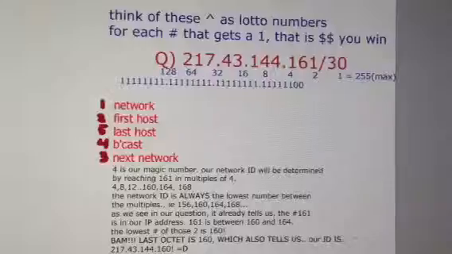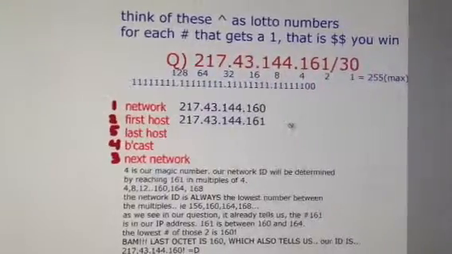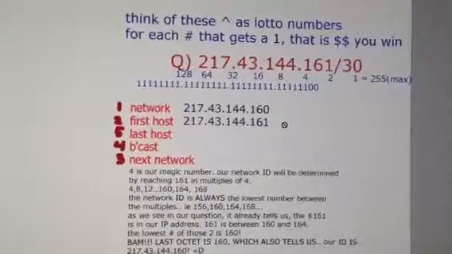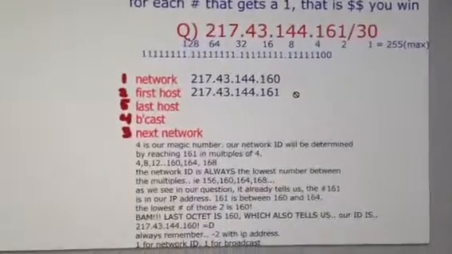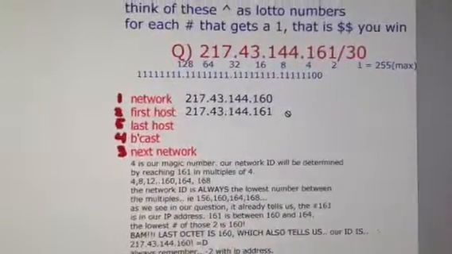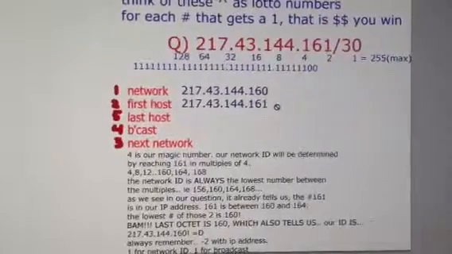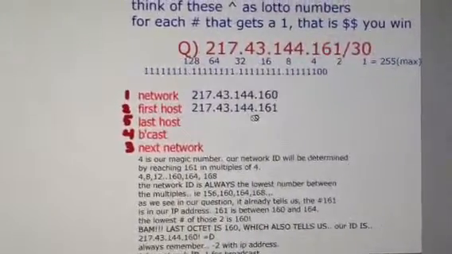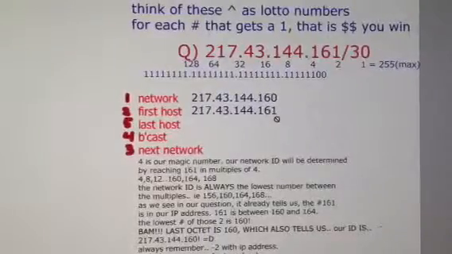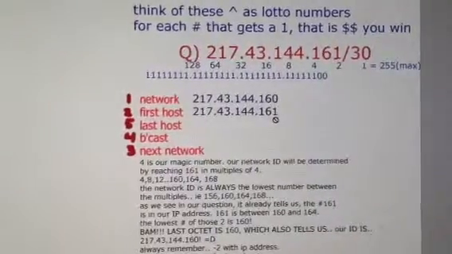So, we know our network ID, and if you can't do math, well, life sucks. But for those people that are continuing and can do math, hell, even if you can't, I'll explain this to you. The first host is the next number immediately after our network ID.